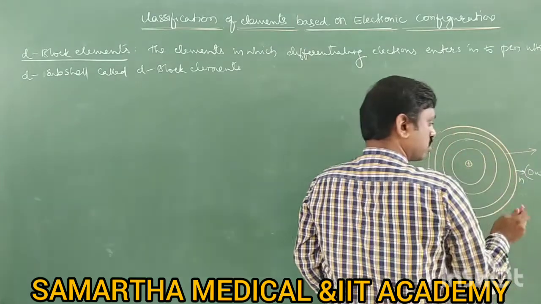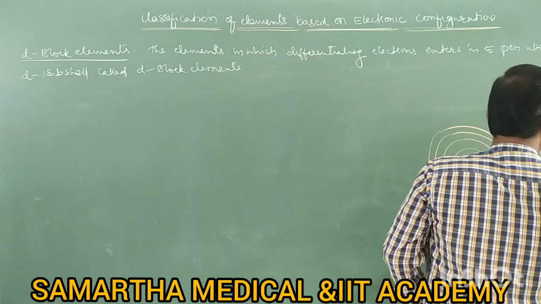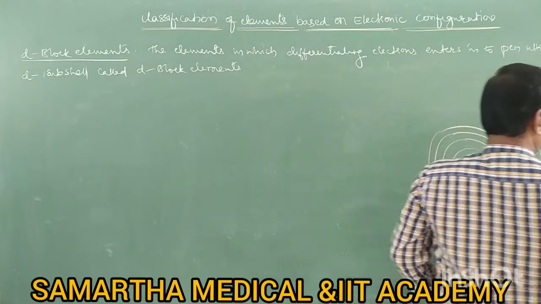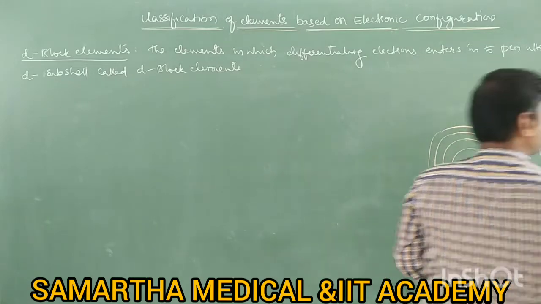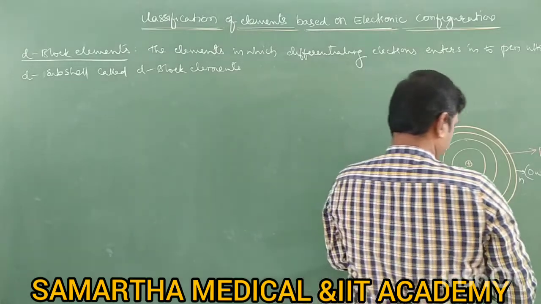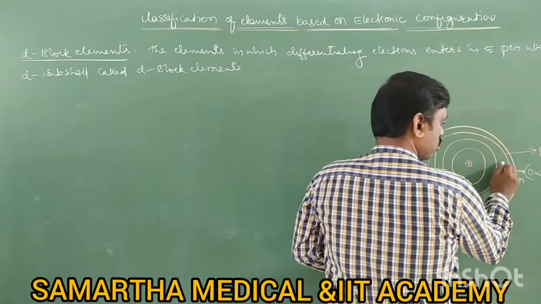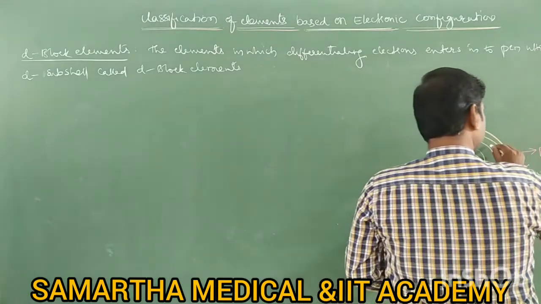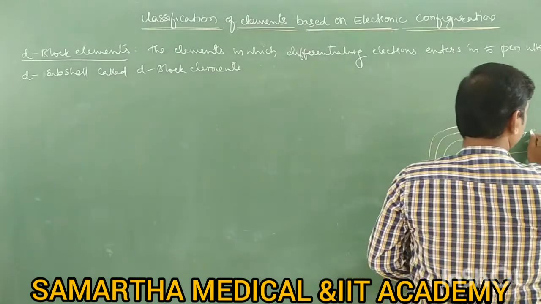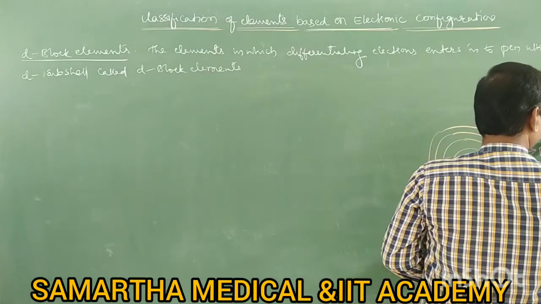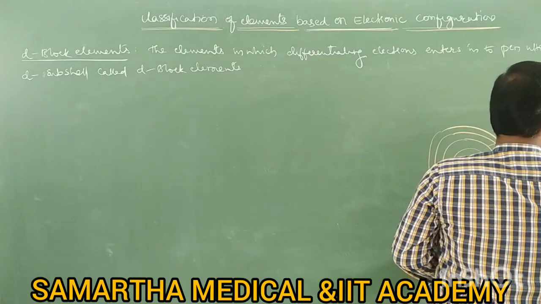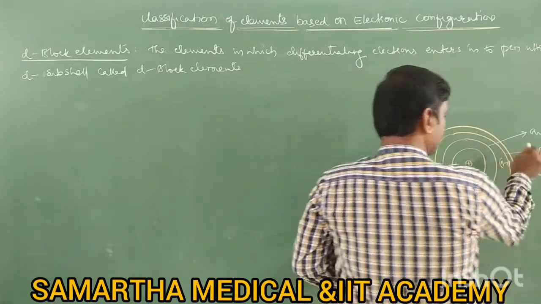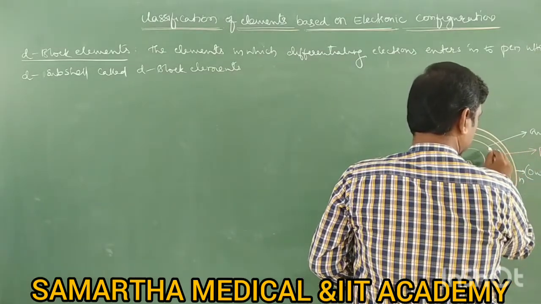From last to second one is called the penultimate orbit, represented by n minus 1. From last to third one is called the anti-penultimate orbit or shell, represented by n minus 2.